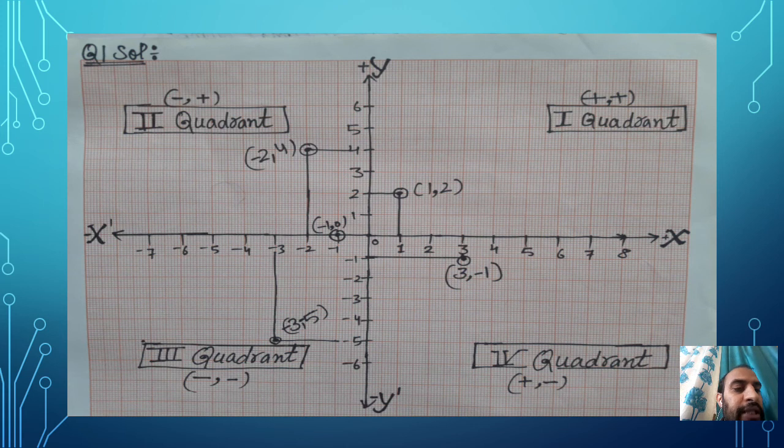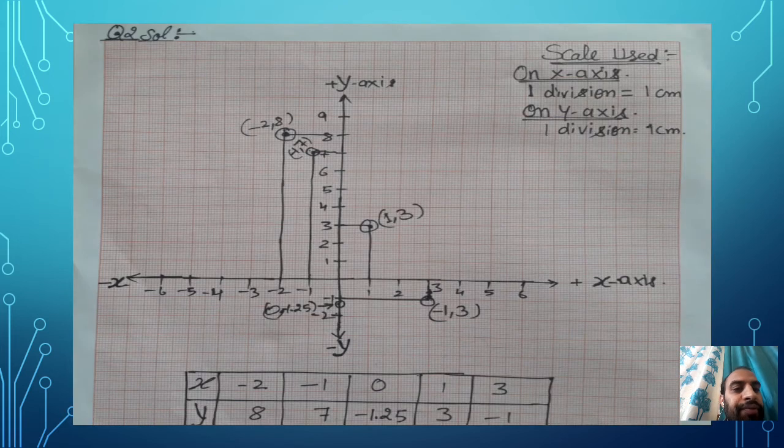And if the first is positive, like 3, and the second is negative, like -4, then it lies in quadrant number 4. In this way, you can easily tell without drawing the Cartesian plane where the point is lying. So let's take your second one.